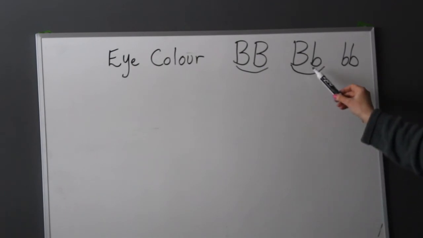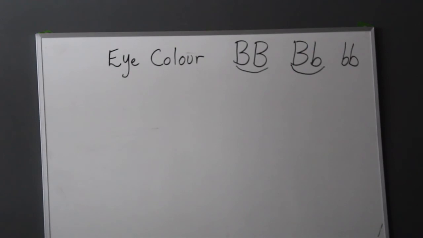Your phenotype is still going to be brown eyes. However, you could pass along the blue-eyed allele to offspring. Or you could have two recessive alleles, or another way to say that is homozygous recessive, and you could have a phenotype of having blue eyes, and you would have a recessive genotype.